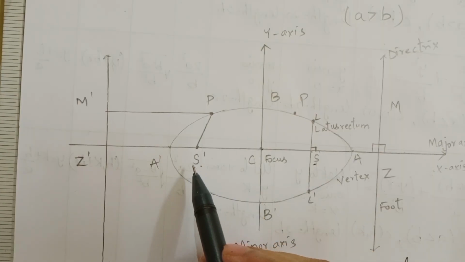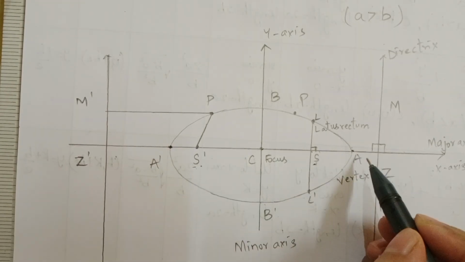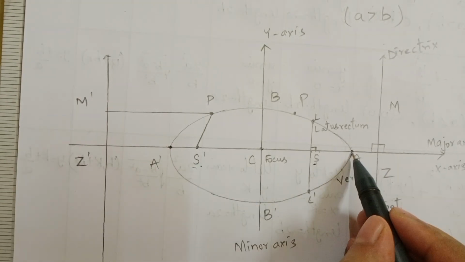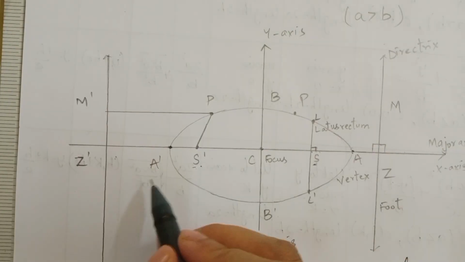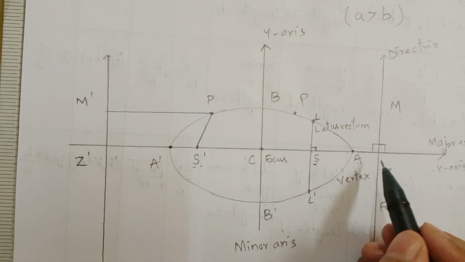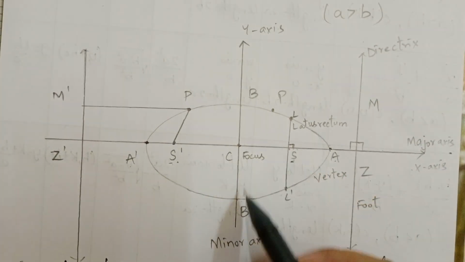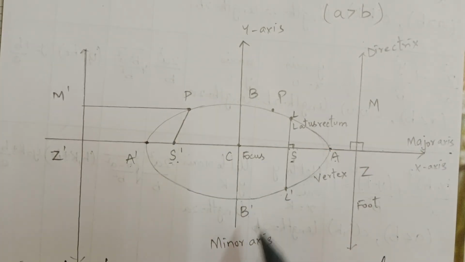The longest diameter is called the major axis. So here A dash and A is the longest diameter, which is called the major axis, and the shortest diameter, which is B and B dash, is called the minor axis.